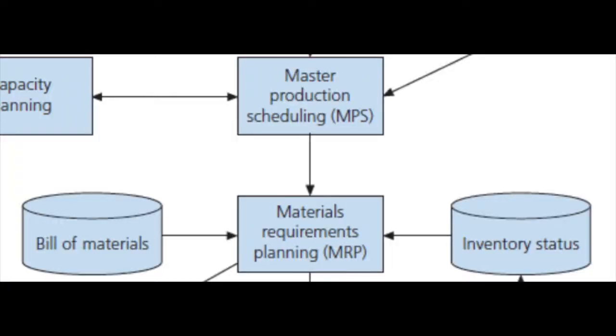But also, in this process, there is a key element, which is the MRP, Material Requirement Planning. At a certain point, when we move from the general planning to the master production schedule, we run the MRP. The MRP is normally a software-based procedure that looks at the planning target.